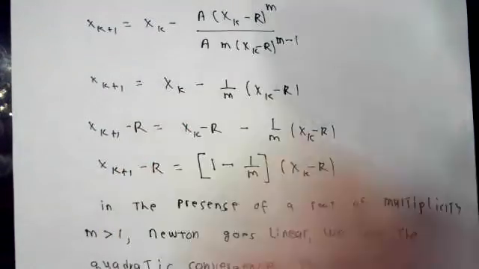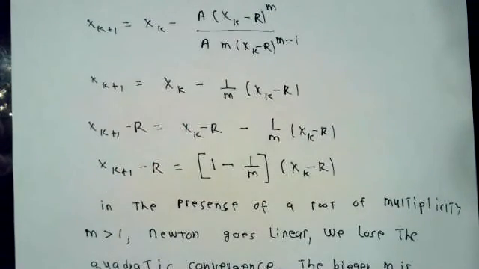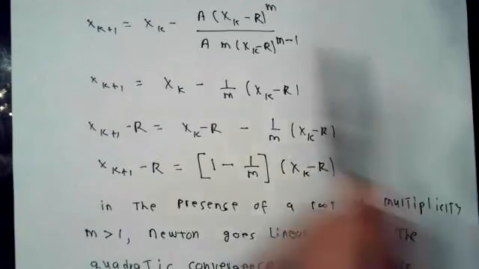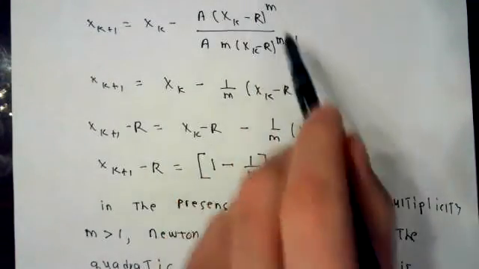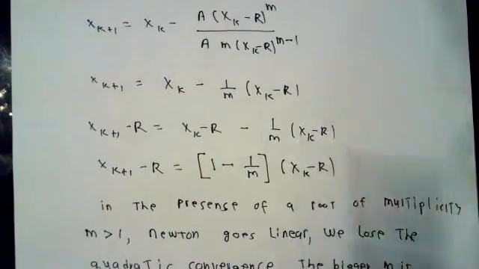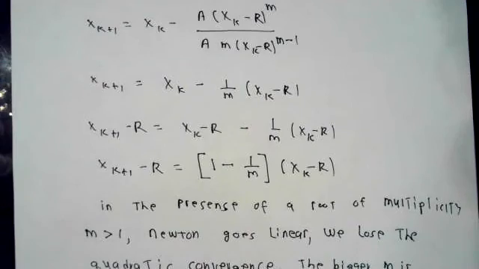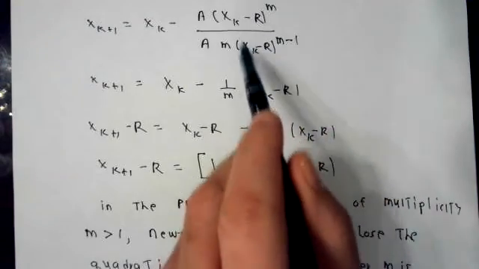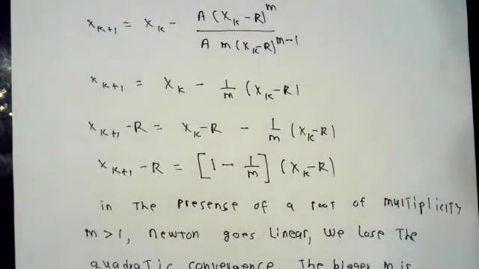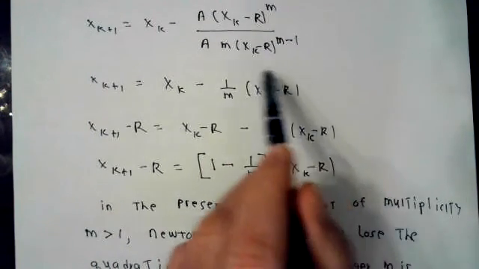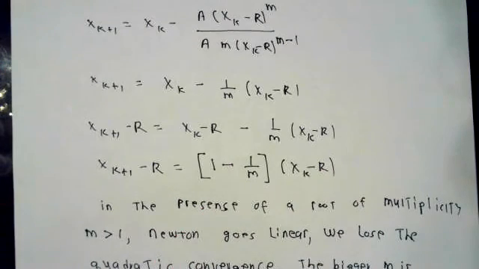The a's actually cancel out, so it doesn't matter what a is. I'm going to have an m in the denominator of this fraction, so I'll write that as a factor of 1 over m. Here I've got m factors of xk minus r, while on the bottom I have one less factor of xk minus r. Cancel out everything you can cancel out, and you'll have one left over upstairs.